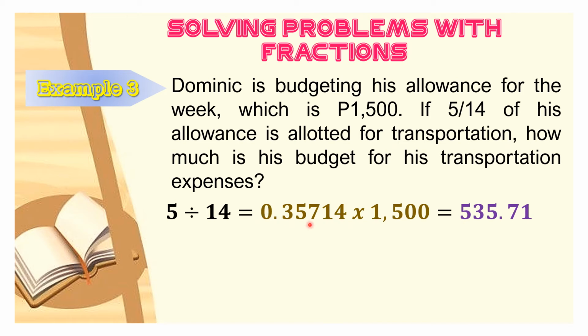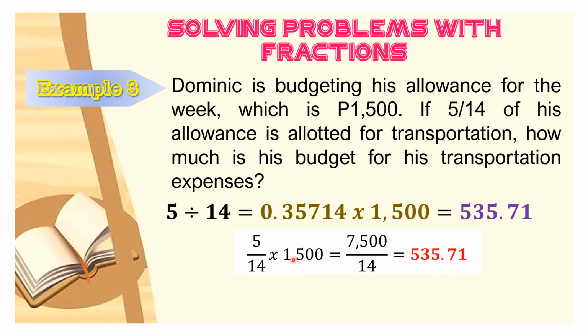Then this decimal number must be multiplied by the value of the allowance of Dominic, which is 1,500. So 0.35714 times 1,500, that is equal to 535.71.